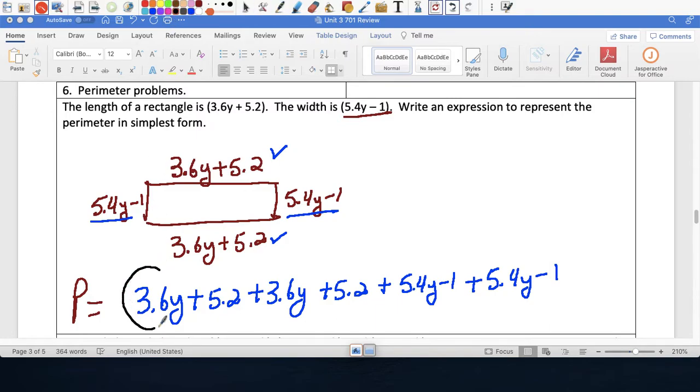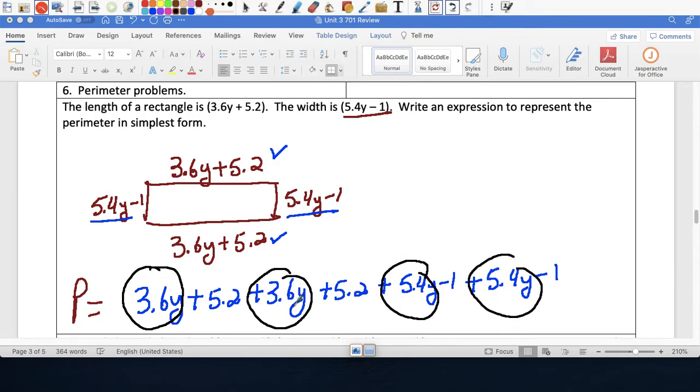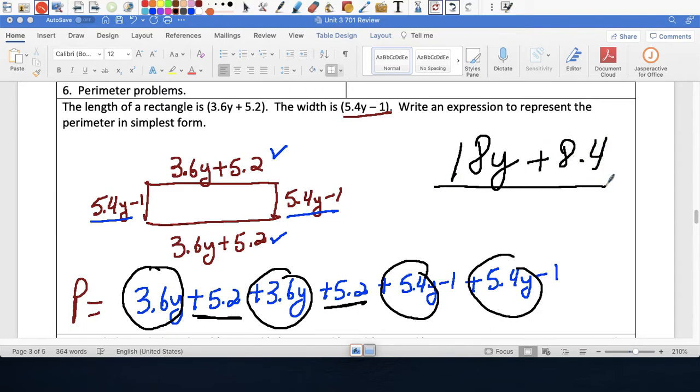I combine this guy with this guy with this guy and with this guy. So 3.6 plus 3.6 plus 5.4 plus 5.4, which is 18. So we're going to get 18y. Then 5.2 plus 5.2, which is 10.4, minus 1 minus 1 is going to give me positive 8.4. That's my perimeter in simplest form.